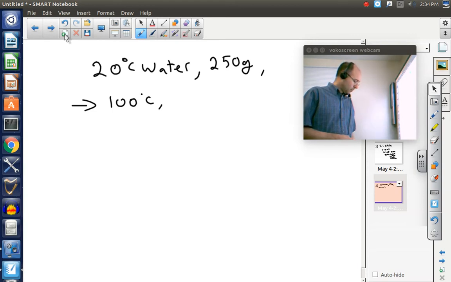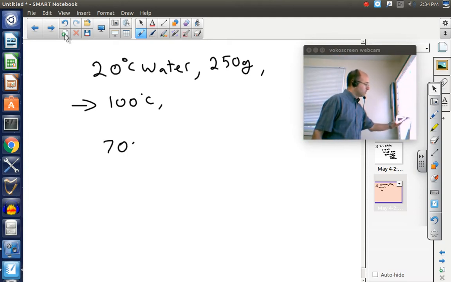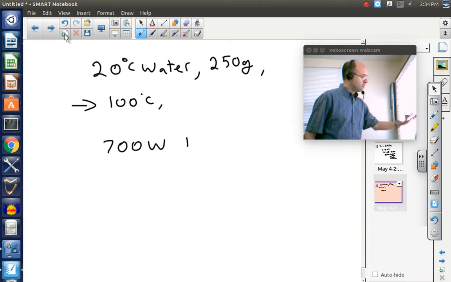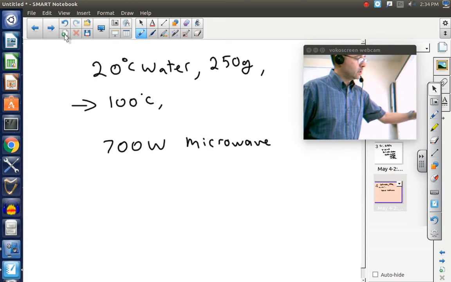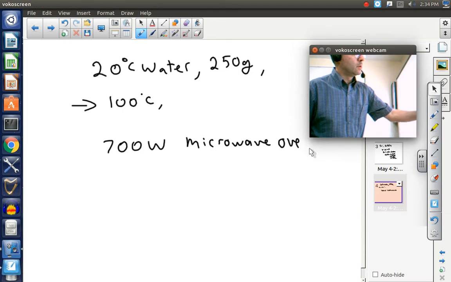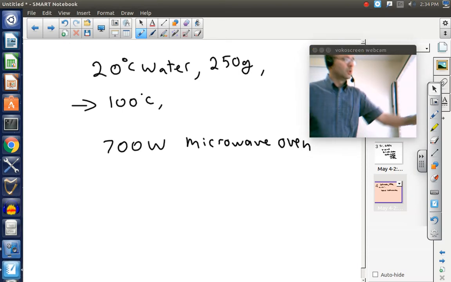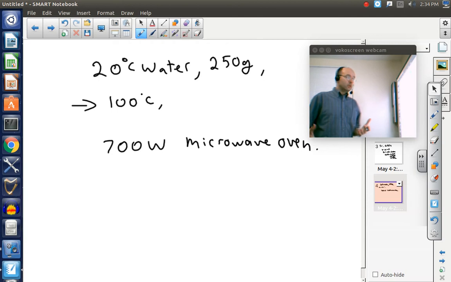So first of all, I don't have it with me, but in my kitchen is a 700 watt microwave oven. So now if we know how many joules of energy we need to raise the temperature, and we know how many joules per second our appliance delivers, or how many watts, we can then calculate how much time it should take.